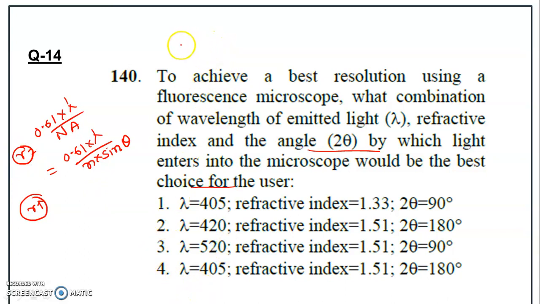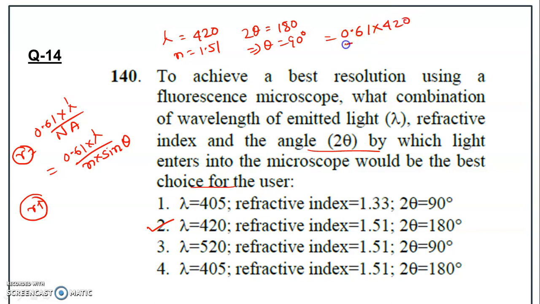First, if you put lambda equal to 420 and refractive index n equal to 1.51, and 2 theta equal to 180 degrees, so theta equals 90. Then r equals 0.61 times 420 by 1.51 into sine theta.